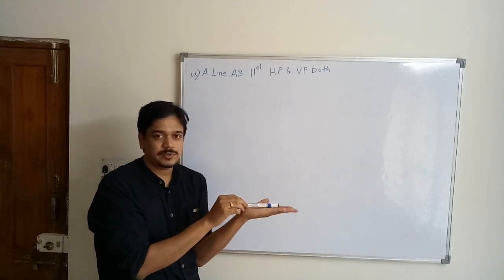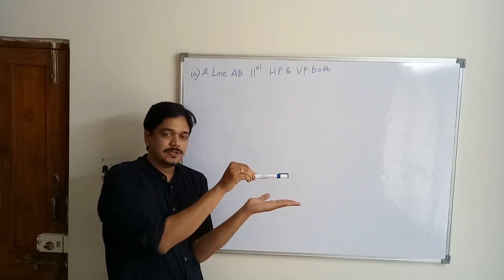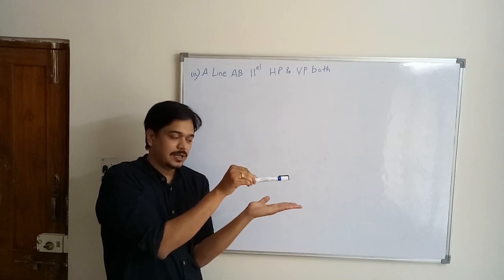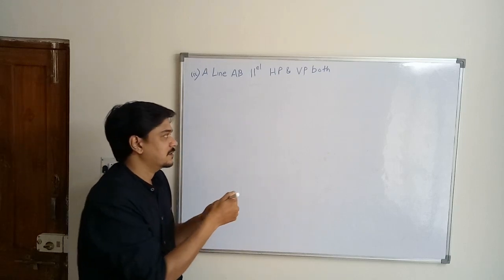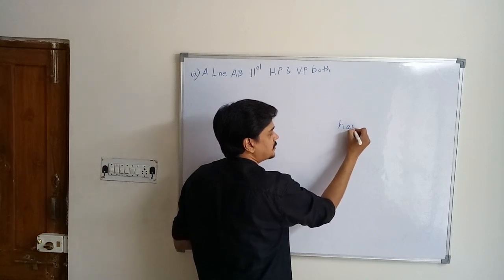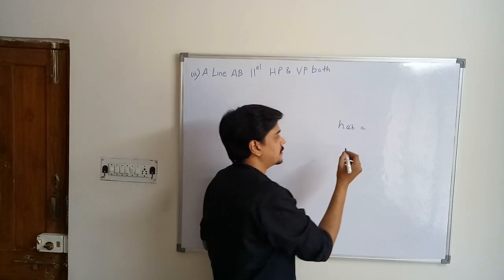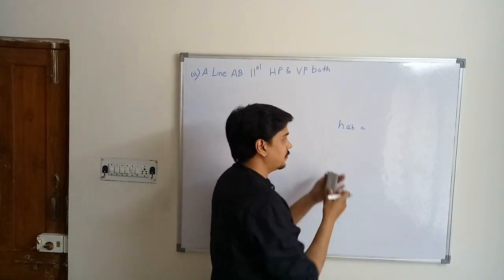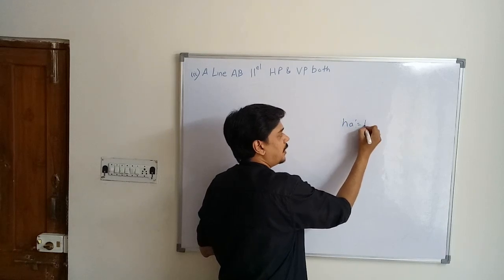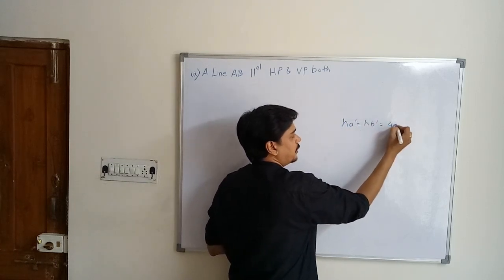Let us assume that this line is, say, 40 mm above the horizontal plane. How can this distance above be indicated? It can be indicated as h of A dash B dash, that is height of A dash B dash, or you can write it down like height of A dash is equal to height of B dash is equal to 40 mm.